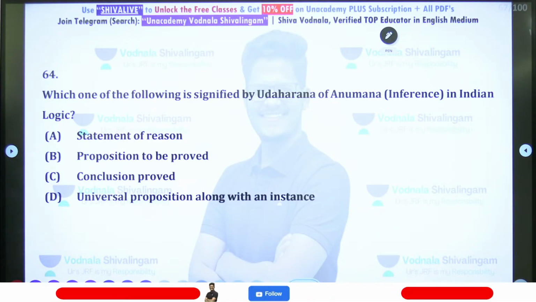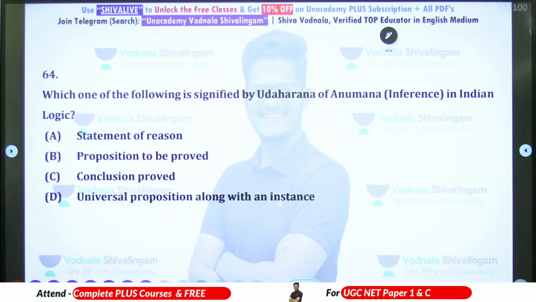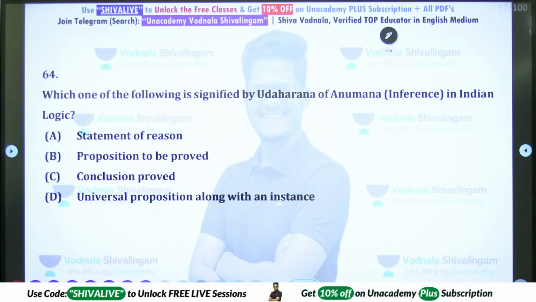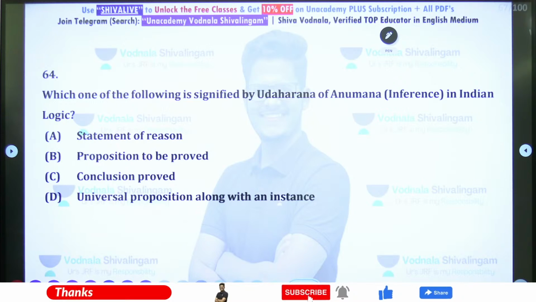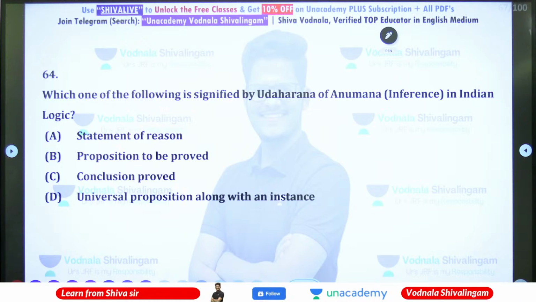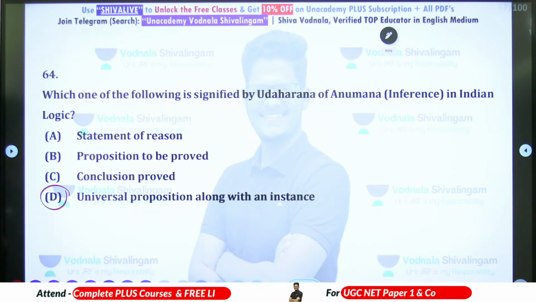Which of the following is signified by Udaharana of Anumana in Indian logic? Udaharana, which is an example. Option D is the given answer, which is universal proposition along with an instance.